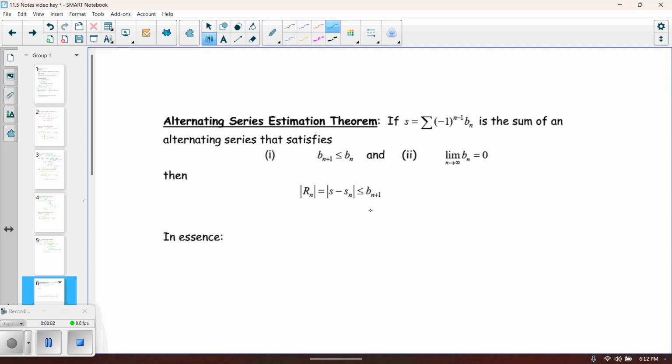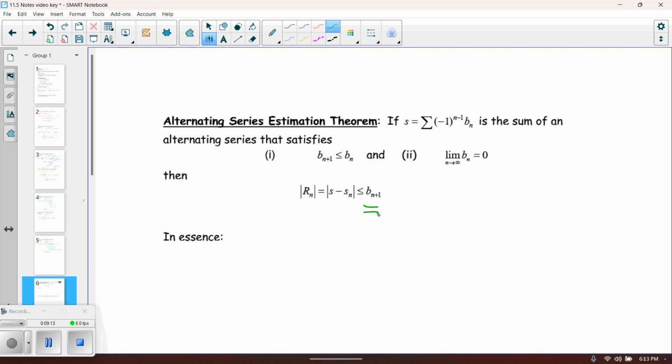Okay, this is the key part right here. The absolute value of the remainder is the same thing as the absolute value of s minus s sub n. Okay, we've seen this before.